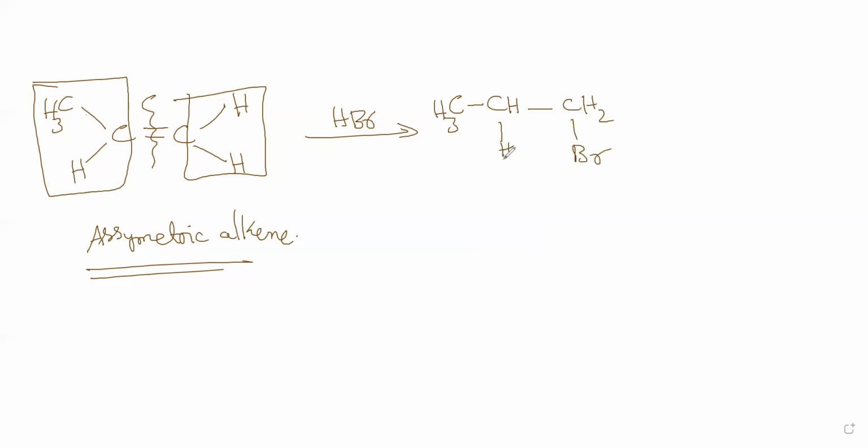If bromine is added onto this side, CH3CHBrCH3. This is how I get two products. This is 1-bromopropane, and this is 2-bromopropane.